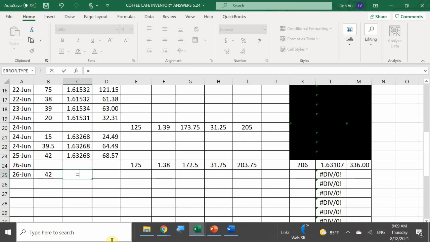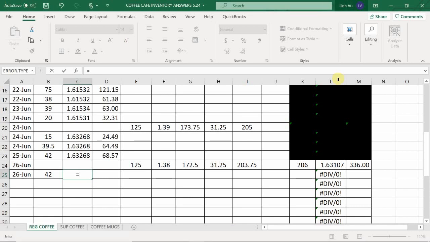Oh, at 1.17998. Oh no, what happened here? Okay, I gotta recalculate this.